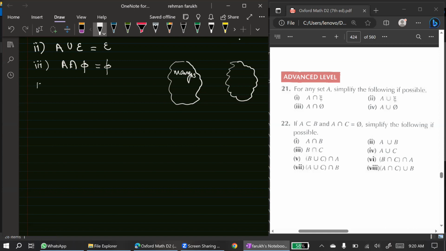And when we unite these two sets, what's the answer?